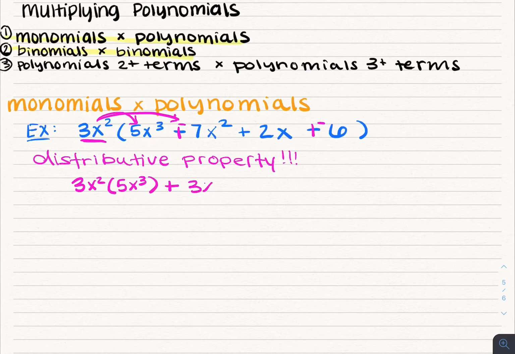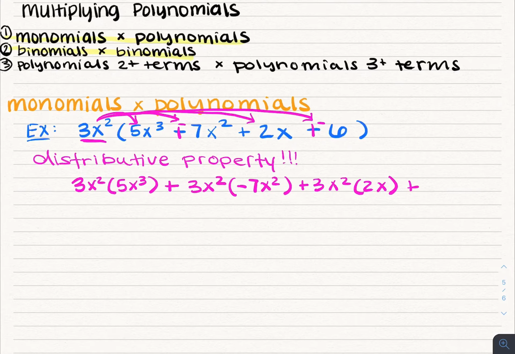So 3x squared times negative 7x squared. And remember, I added a line, change the sign, so I have to multiply by the negative. And we're going to do the same thing with our next one. And our next one, our last one. So 3x squared times negative 6.